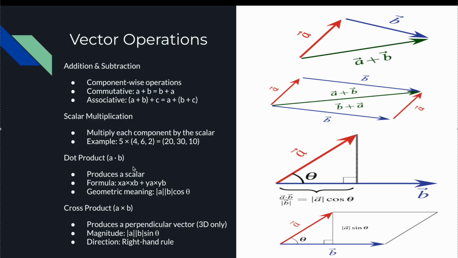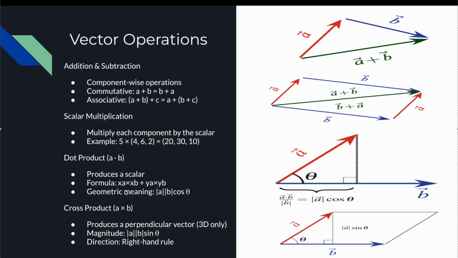And for dot product operations, let's look at this example right here. Imagine you have two vectors, x comma y and a comma b, and so if you multiply x comma y dot a comma b, the formula will be you multiply each. So x times a plus y times b.